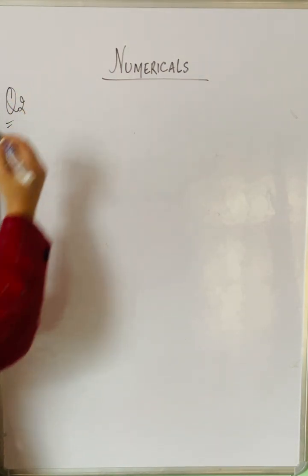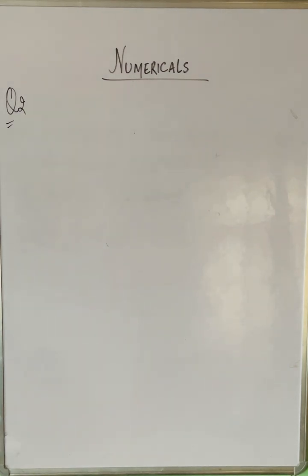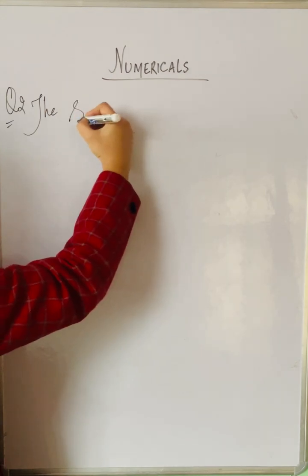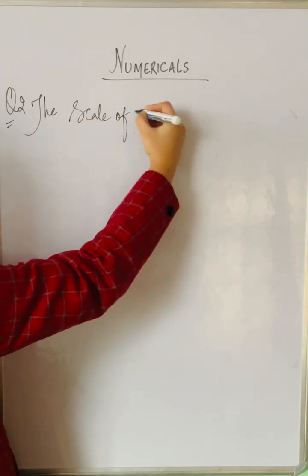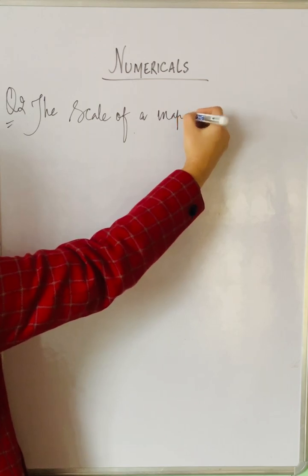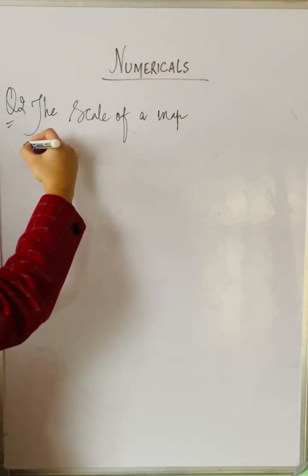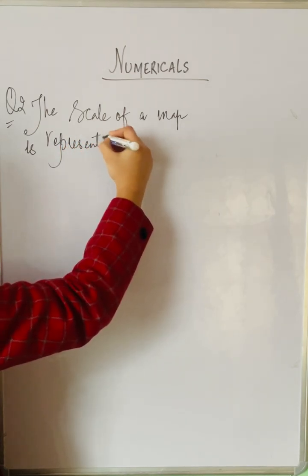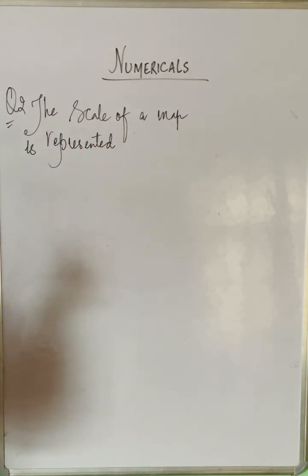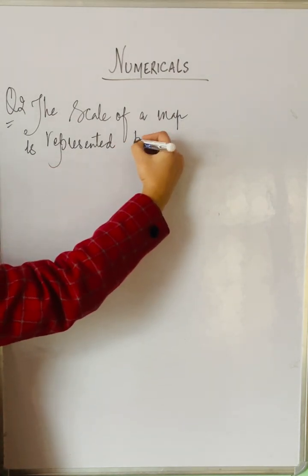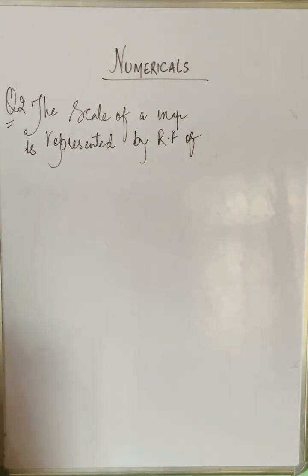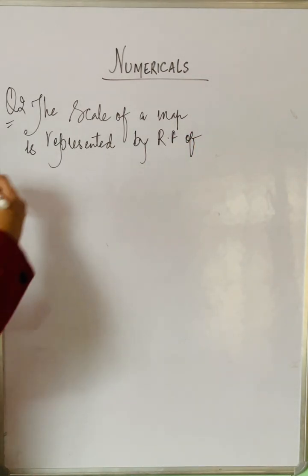Question number 2. Question is, the scale of a map is represented by a representative fraction of 1:4,000.